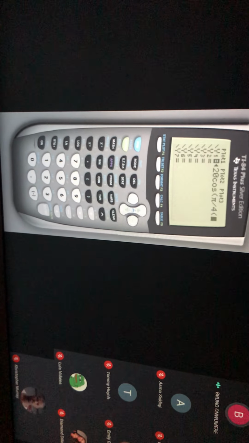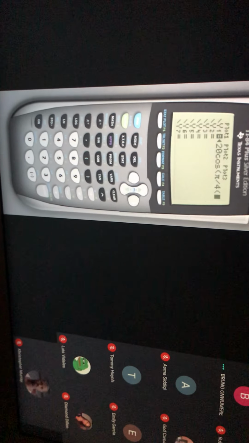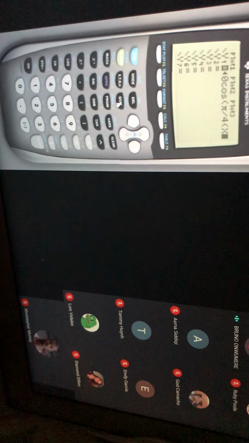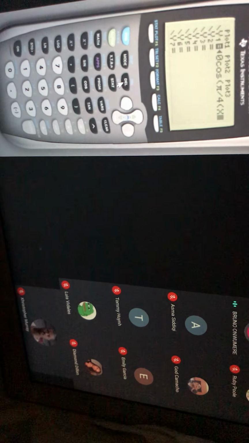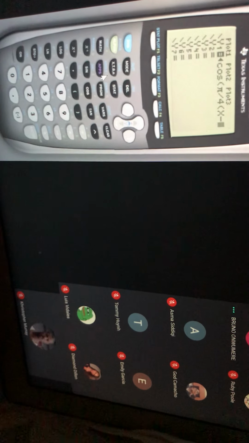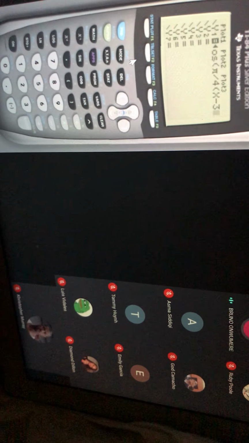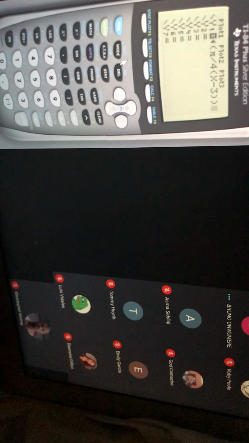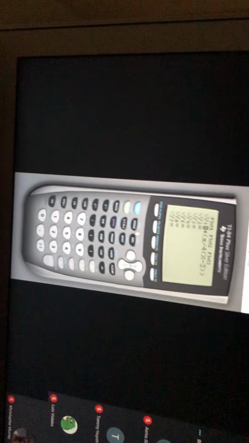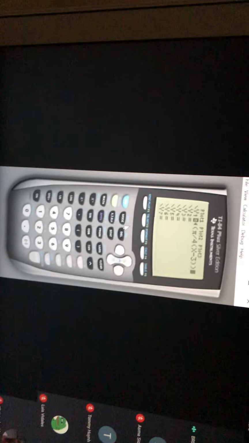Everybody put x minus 3. Then I'm going to double close the parenthesis. Everybody, please make sure you got this.